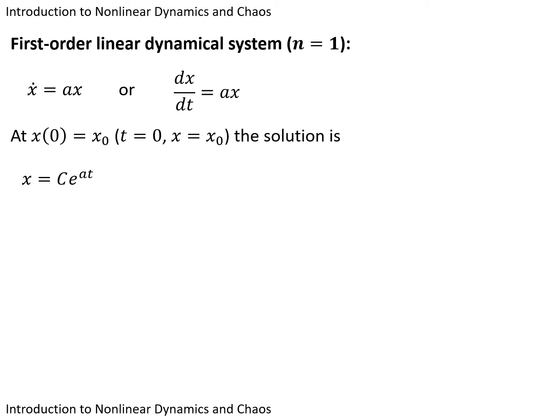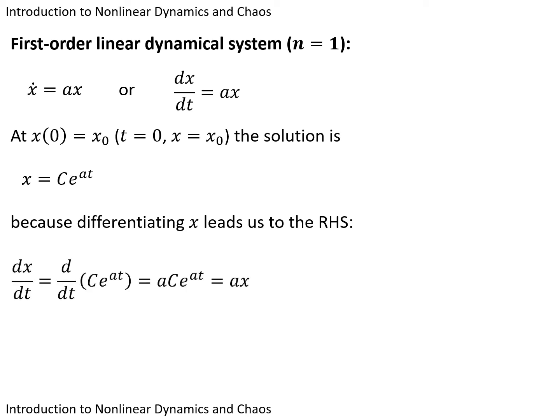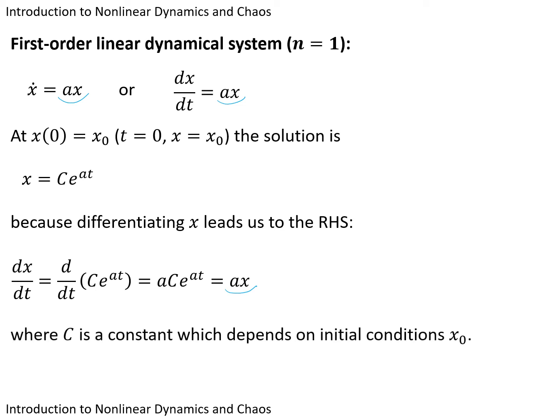This is the solution of our system because if we differentiate it, then we will reach the right-hand side of the initial equation. C here is a constant which depends on the initial condition x0.